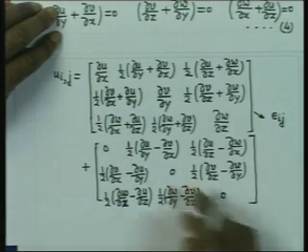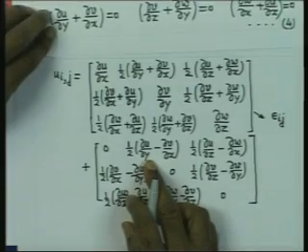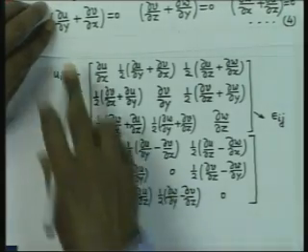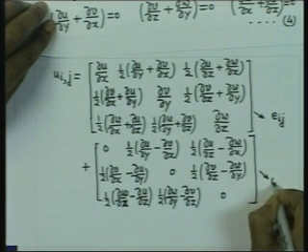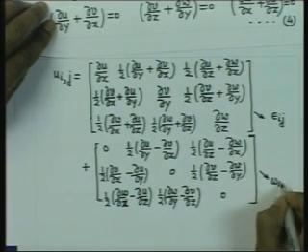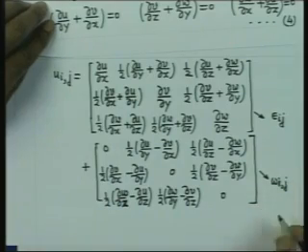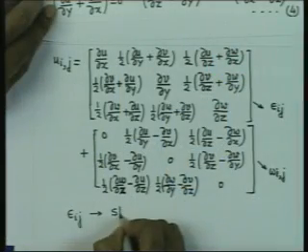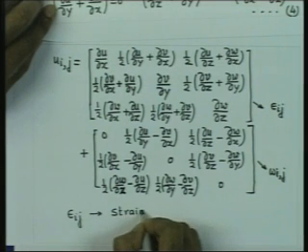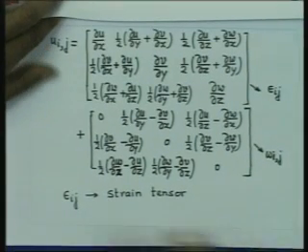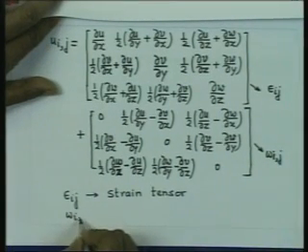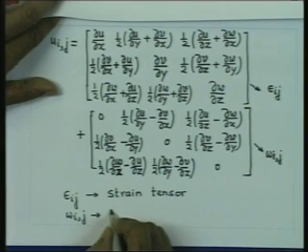And this one gives the condition of rotation, this is the rotation tensor wij.